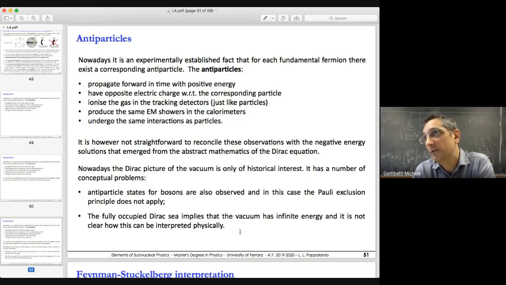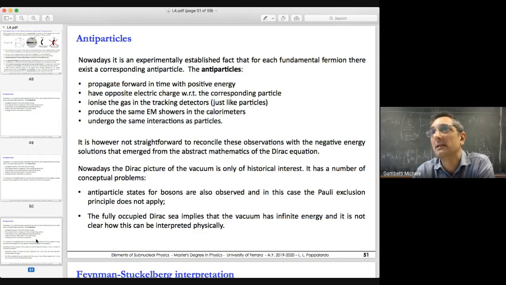So Dirac had the smart idea of providing an interpretation of the negative energy solution that was further endorsed by the experimental discovery of antiparticles. However, the Dirac picture was not really trustable because it has at least two fundamental problems.